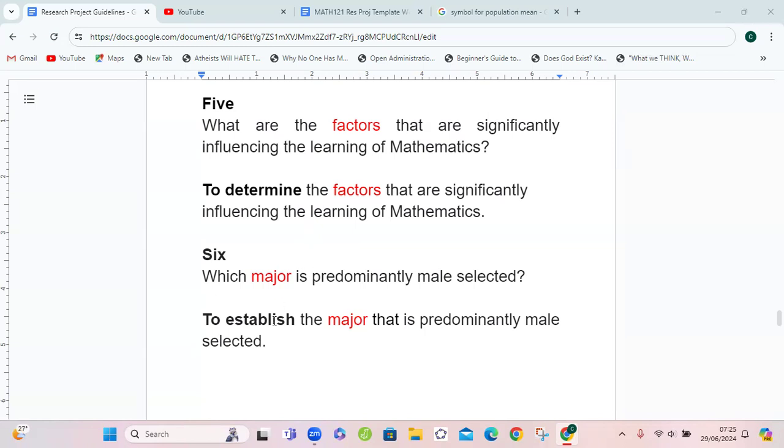So you go straight to the objective: to establish a major that is predominantly male selected. Please take note that the objectives normally begin with verbs: to determine, to establish, to analyze, etc.